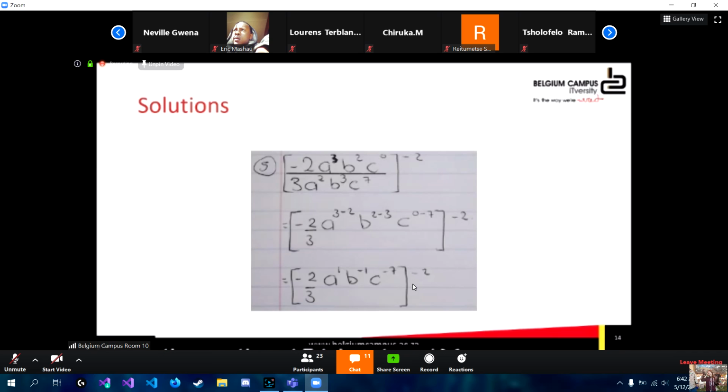At this stage, you can also change this to a fraction, which will be 1 over everything in the bracket squared, if you don't want to deal with the negative power.